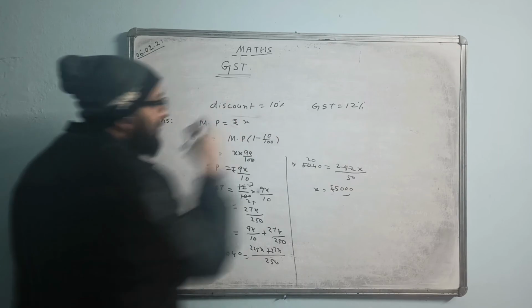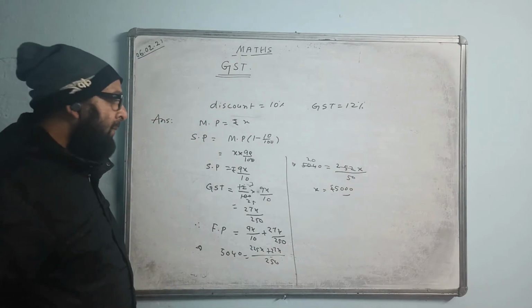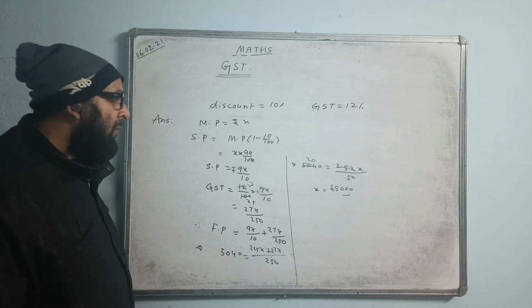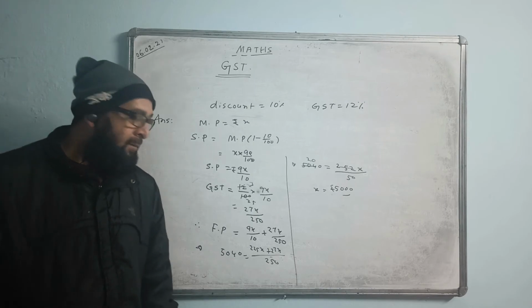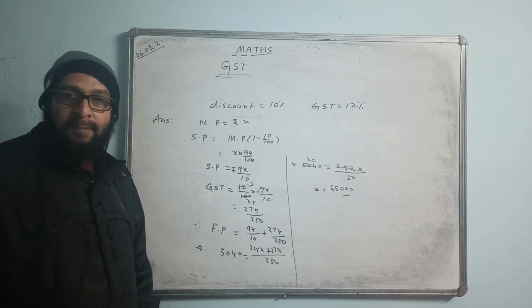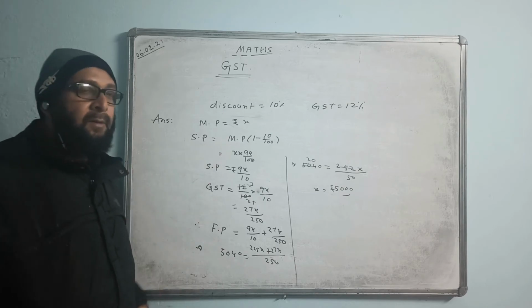The answer comes back to what I took in the beginning, 5000. Yes or no? Tell me if you understood or you want me to clarify once again. So this formula one is easier.